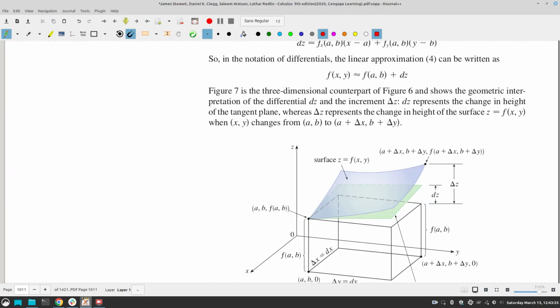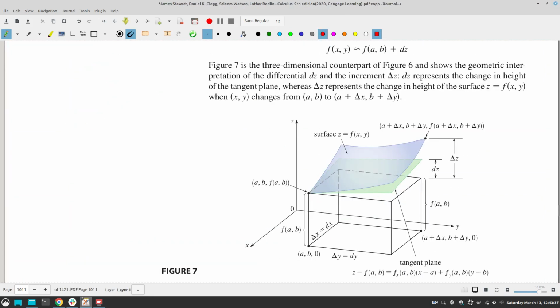So let's say you have a surface given in blue, and you want to find the change in z as x and y go from a, b to a plus delta x and b plus delta y. So delta z is of course the final value minus the initial value.